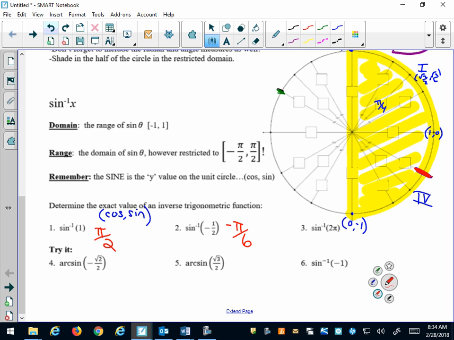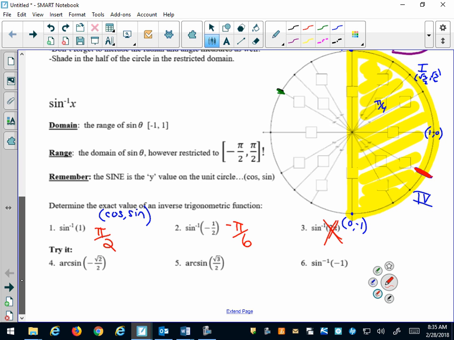You can't put in an angle measure. You understand that? The input has to be between negative 1 and 1. The output will be your angle measure. They're trying to input an angle measure, and that doesn't make sense. So that just doesn't work.